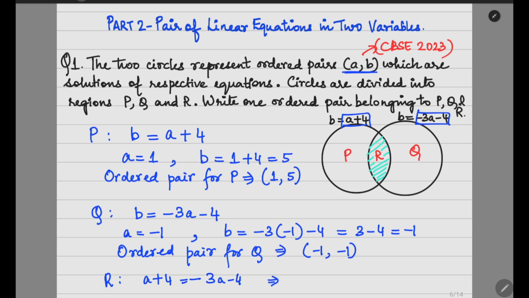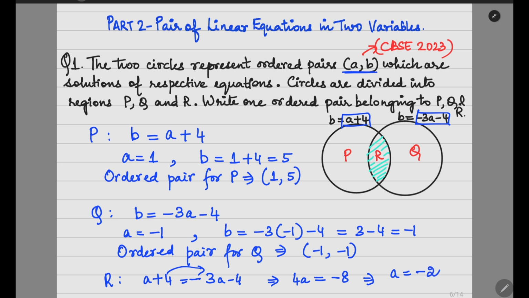If you take -3a to the LHS, it will be a + 3a, which is 4a, equal to -4 - 4, so it will be -8, which implies a is -2.